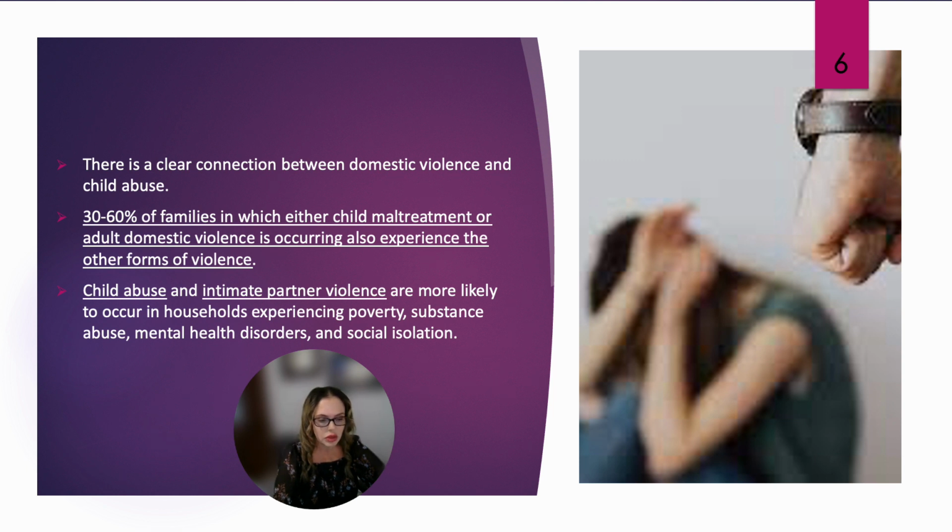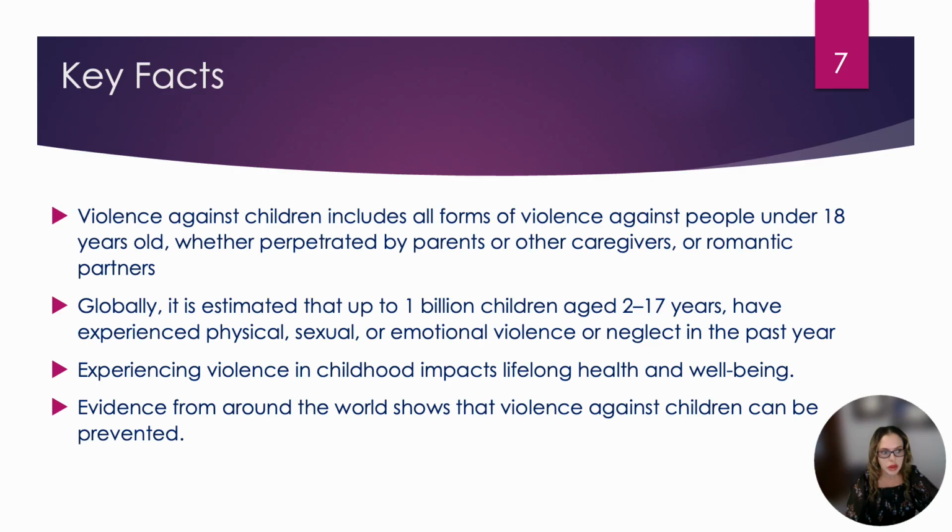Child abuse and intimate partner violence are more likely to occur when there are difficulties in the household. So if there's poverty, substance abuse, mental health disorders, or social isolation, like when we went through COVID, there was a tremendous upswing in abuse cases.